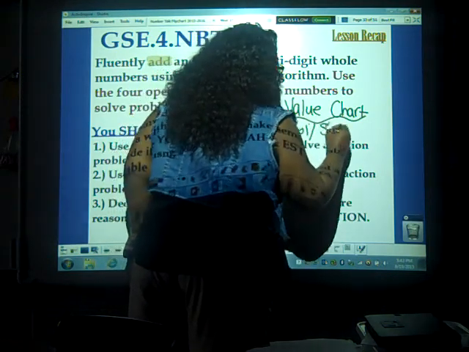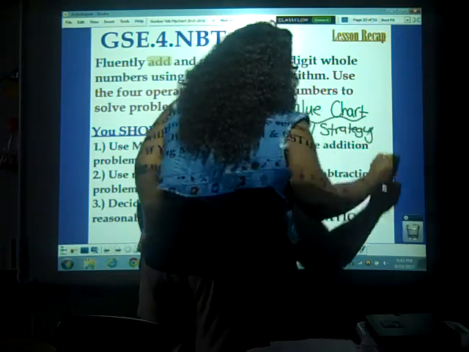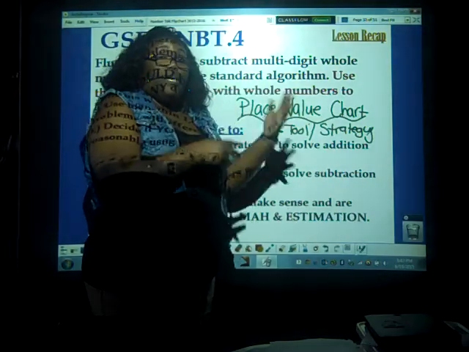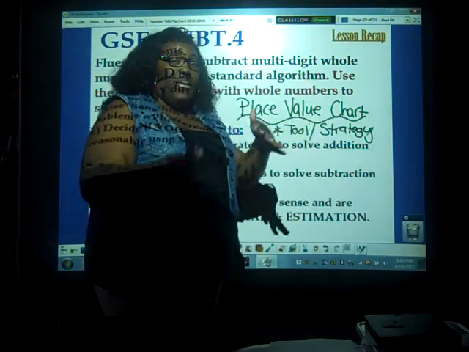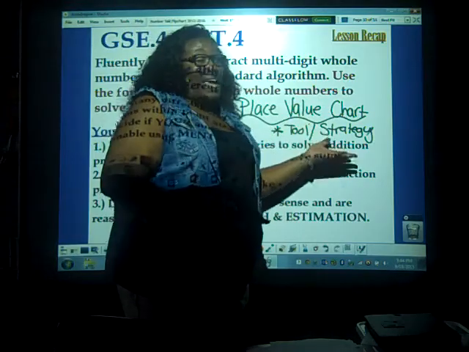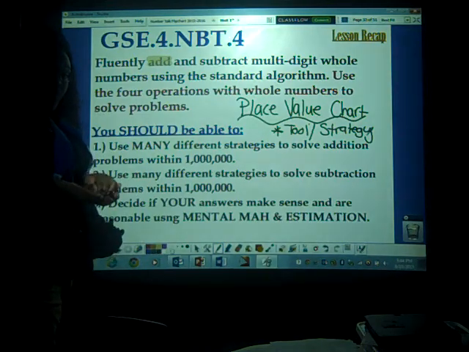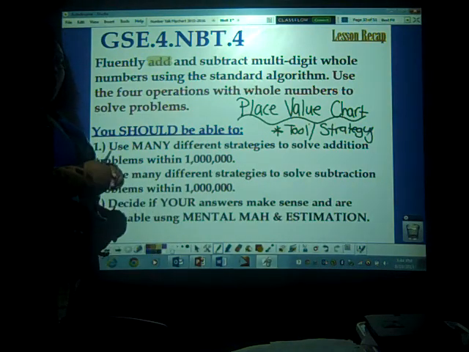Or people would call it a strategy. I sometimes say it's a tool that you can use to help keep your numbers in order when adding and subtracting with place value. And some people like to say it's a strategy. So whatever you feel comfortable with, by all means use that. But I want you to master this standard like I know you will.